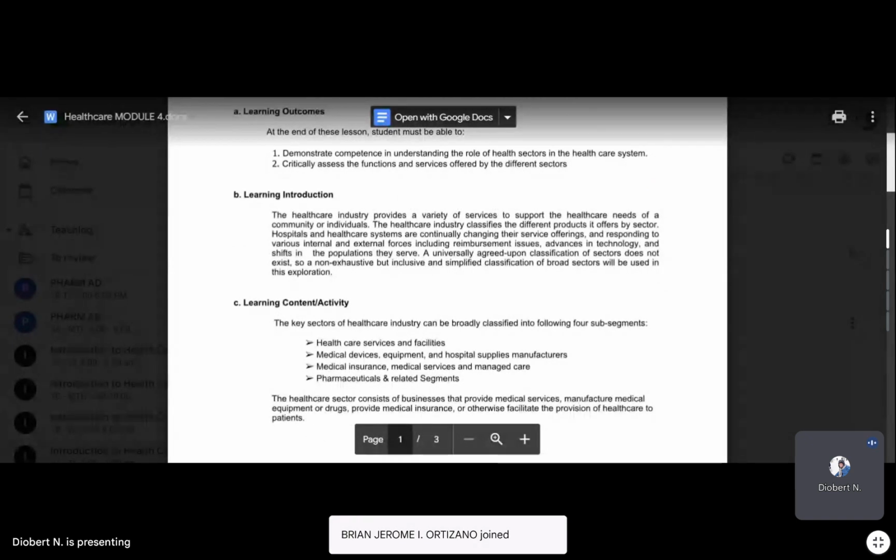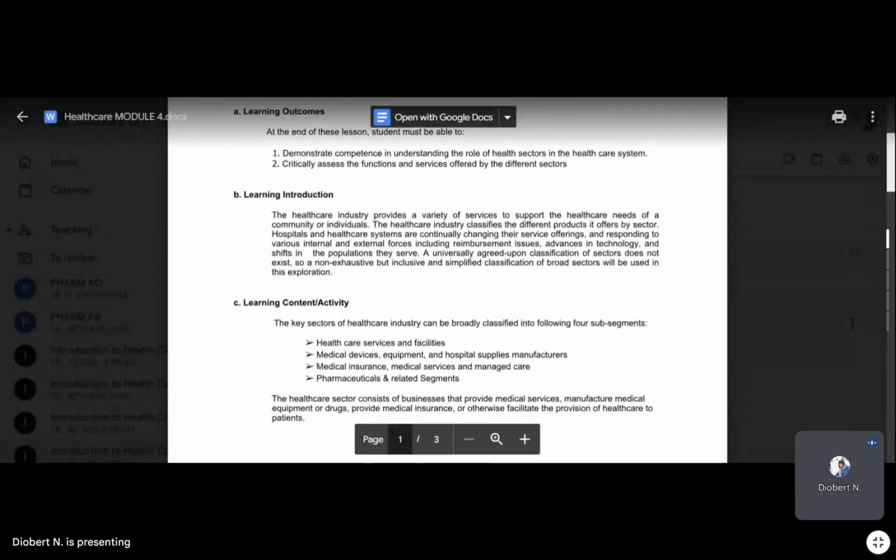The healthcare industry provides a variety of services to support the healthcare needs of the community or individuals, specifically the patient. The healthcare industry classifies the different products it offers by sector.